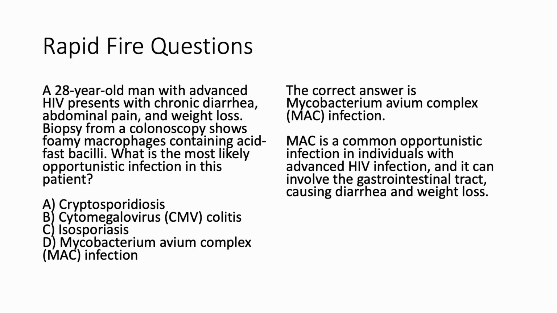The correct answer is Mycobacterium avium complex infection. MAC is a common opportunistic infection in individuals with advanced HIV, especially if their CD4 count is below 50, and it can involve the GI tract causing chronic diarrhea, which is diarrhea of more than 1 month, as well as weight loss.